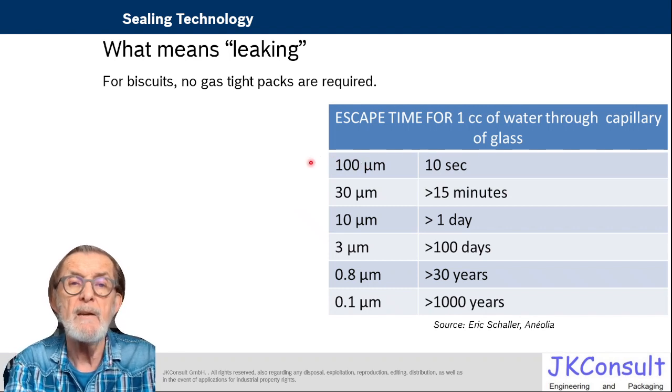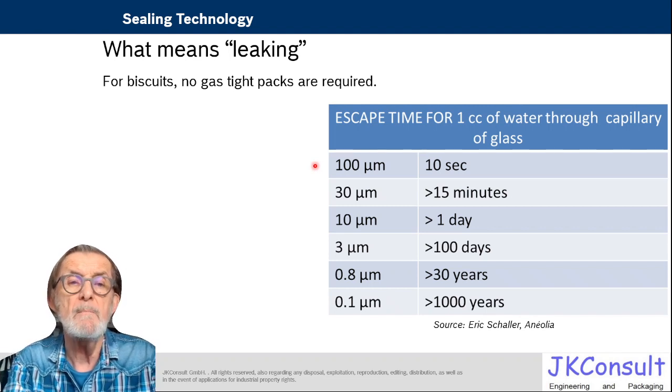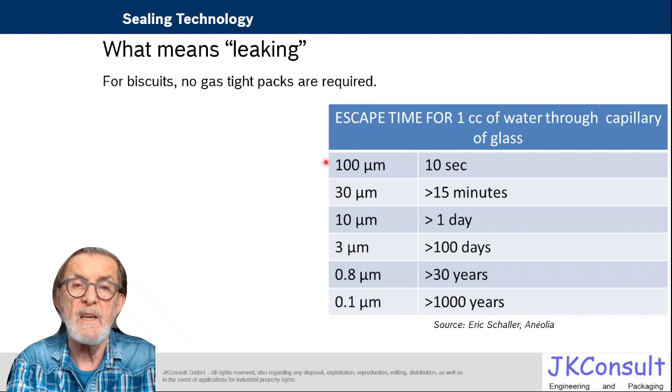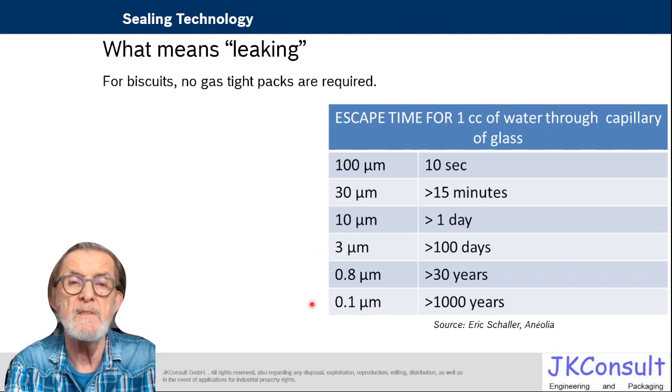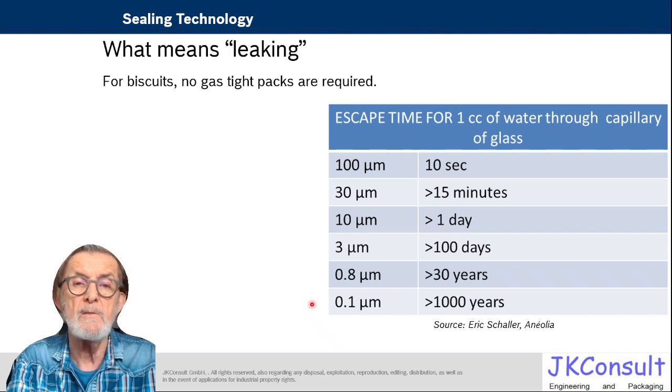So here we have a leak of 100 micron, 100 thousandths. So this is 1/10 of a millimeter, and it takes 10 seconds. And it gets longer till we get to 0.1 micron, so 1/10 of a thousandth, and it takes over 1,000 years to get that 1 cubic centimeter of water through it.